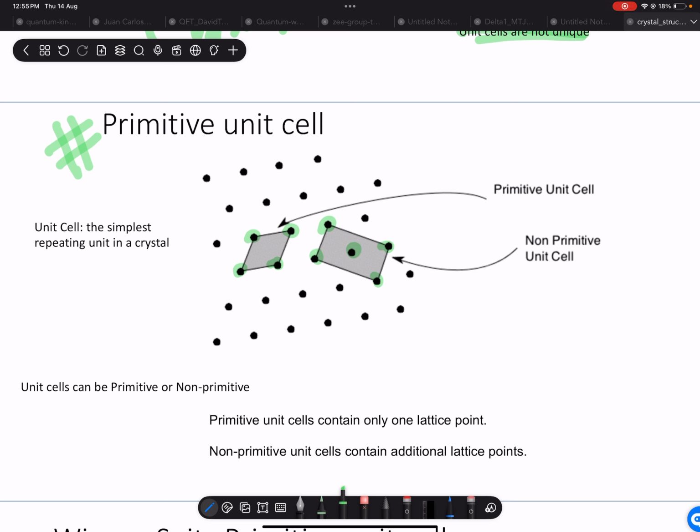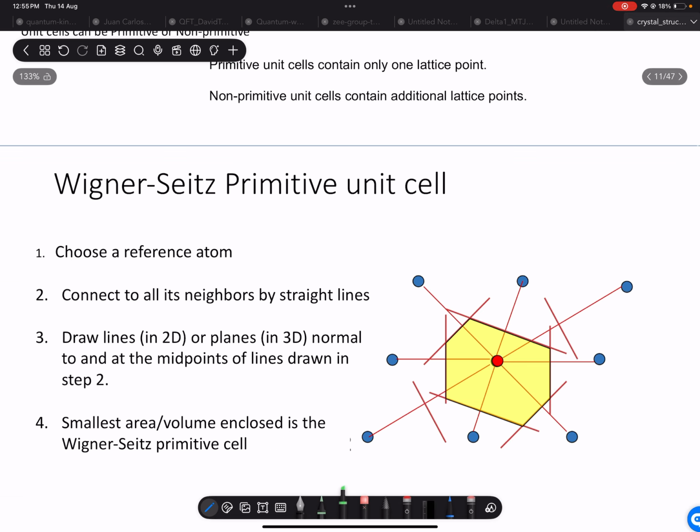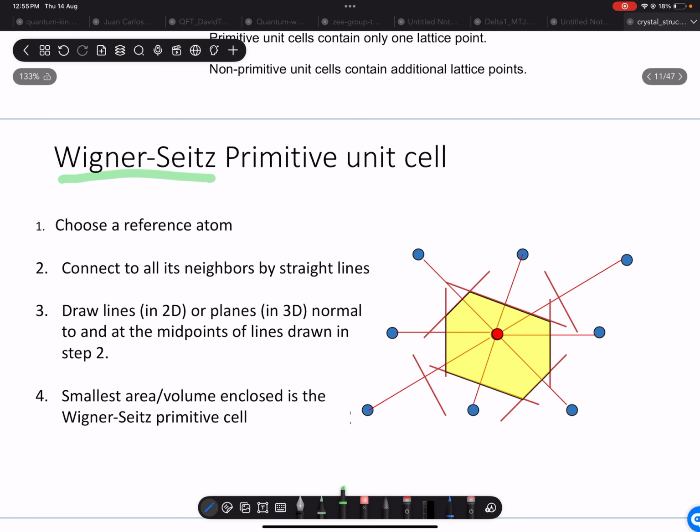So primitive unit cells are also not unique, but there is one primitive unit cell called the Wigner-Seitz primitive unit cell, which is unique, and you can construct it by taking a reference point of an atom, right? You take a reference point and join it to all its neighbors. Note that you have to join all the neighbors, not just the nearest neighbors.